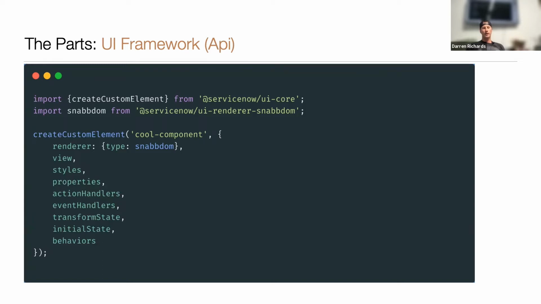When you create a behavior, it's going to be an object that contains properties, action handlers, maybe state, initial state, transform state, event handlers. All of those are things you can create, and styles, inside of a behavior.